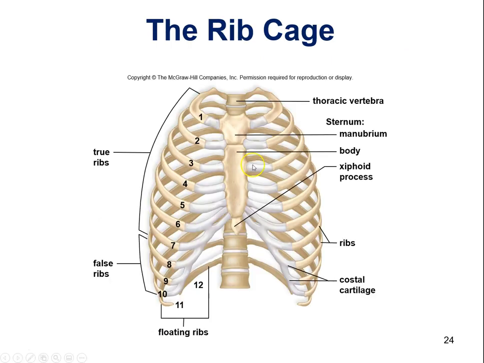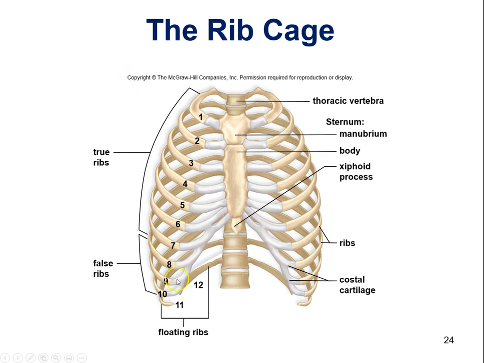Okay, so if you look at the rib cage here, right, we said 7 true ribs: 1, 2, 3, 4, 5, 6, 7. Each of them connects directly to the sternum by some cartilage, okay? That's obviously going to provide some flexibility, right? And the ability for it to expand and contract, right?